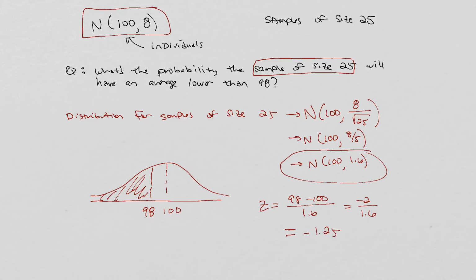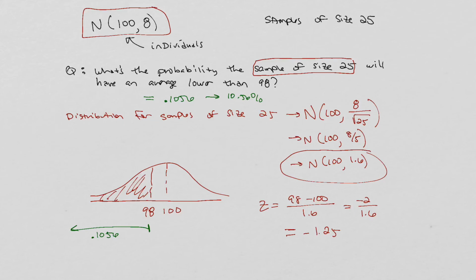And if you look at the charts to find that probability, if you look up negative 1.25, you get 0.1056. So from here on down, that's 0.1056, and that's the probability we're looking for. So what is this probability? 0.1056, or a 10.56% chance.